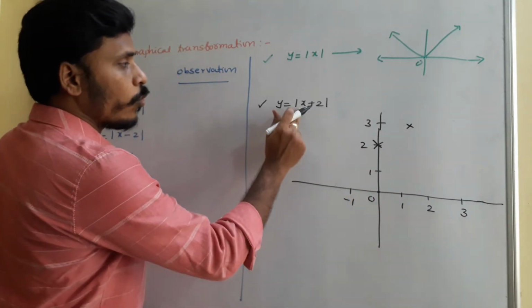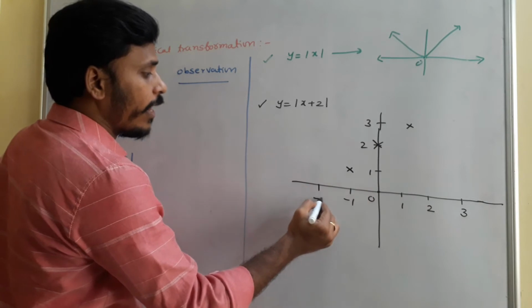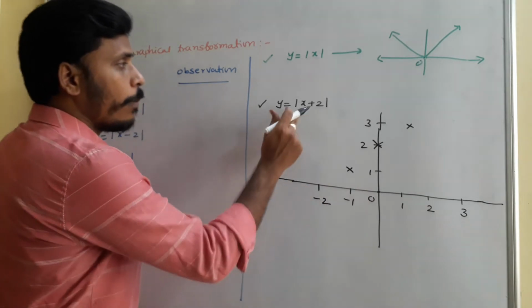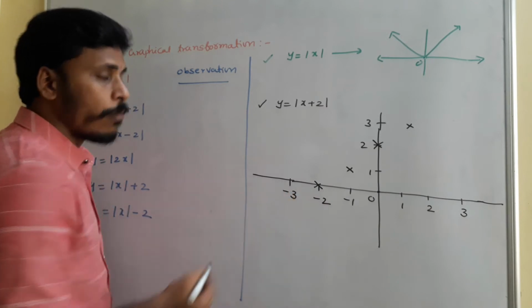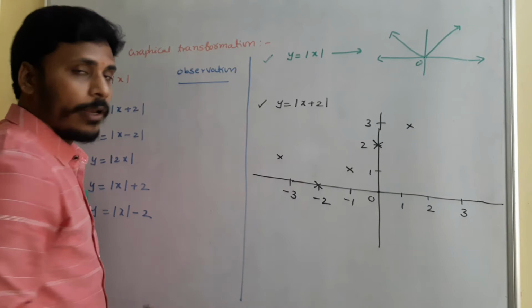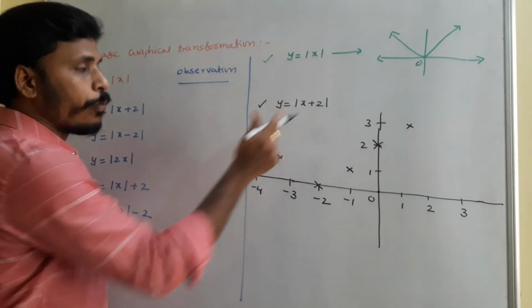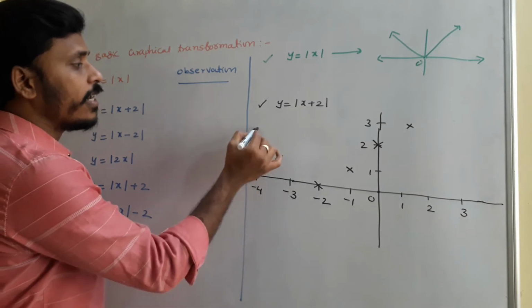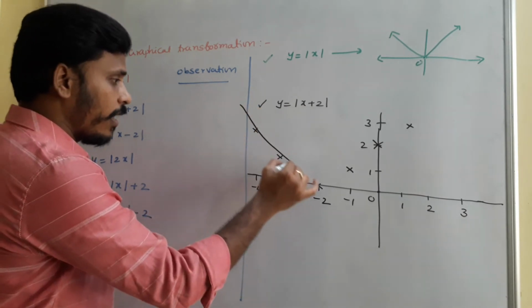And if it is minus 1, 2 minus 1 is 1, so the graph is at this point. If x is equals to minus 2, plus 2 is 0, this is the point. If x is equals to minus 3, plus 2 is again minus 1, this is the point. If you take x is equals to minus 4, plus 2 is minus 2, and it is at again 2. So if you sketch, the graph will be like this.